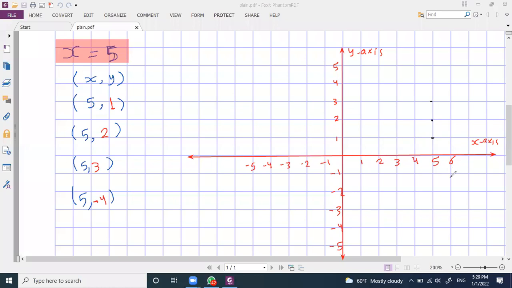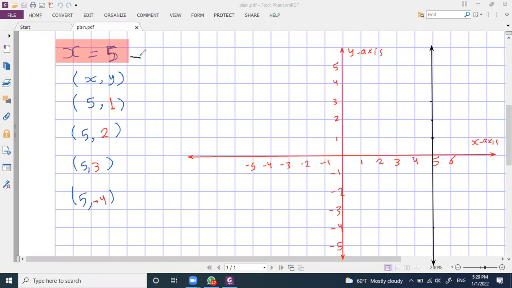Okay, and (5, -4). What do you notice? All these points are on the same straight line. So when we represent x equals 5, we get a straight line.